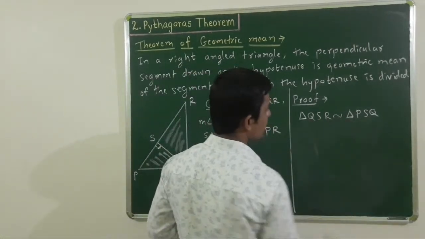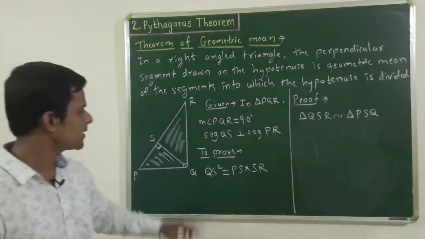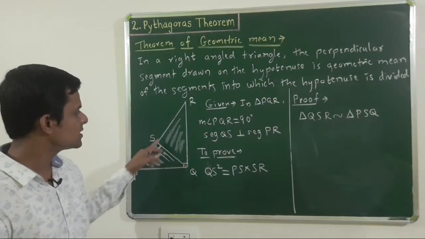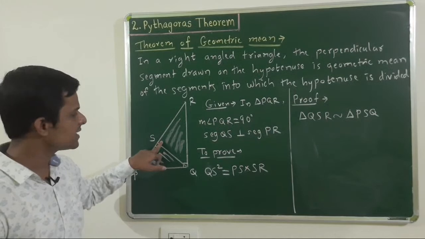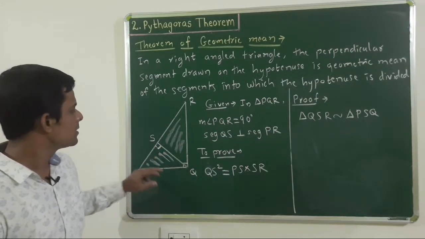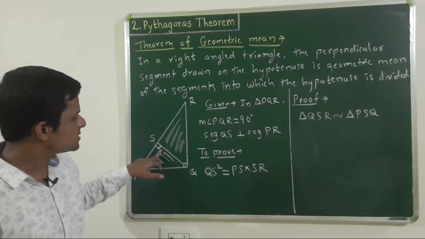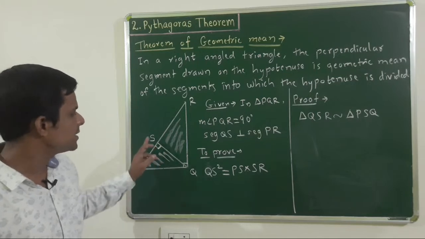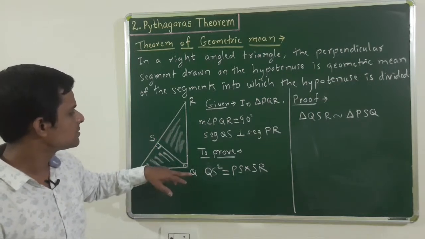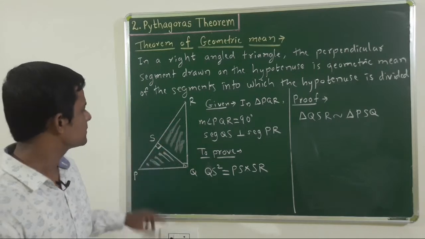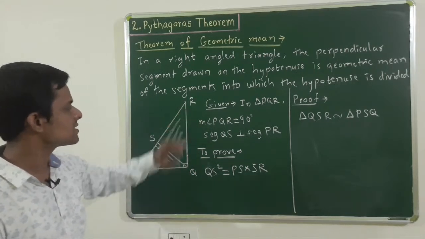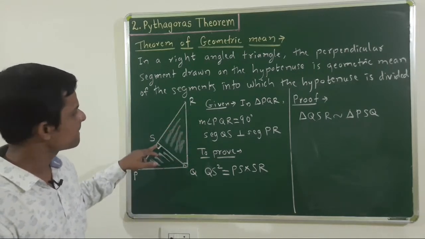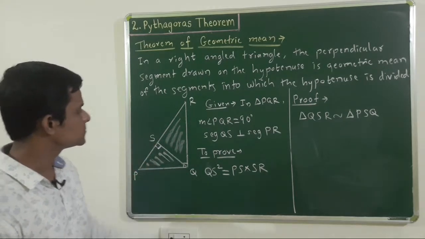Now, check the names. QSR means angle S, which is a right angle, is in between, and PSQ, S is also in between. Common angle is last in QSR and PSQ.